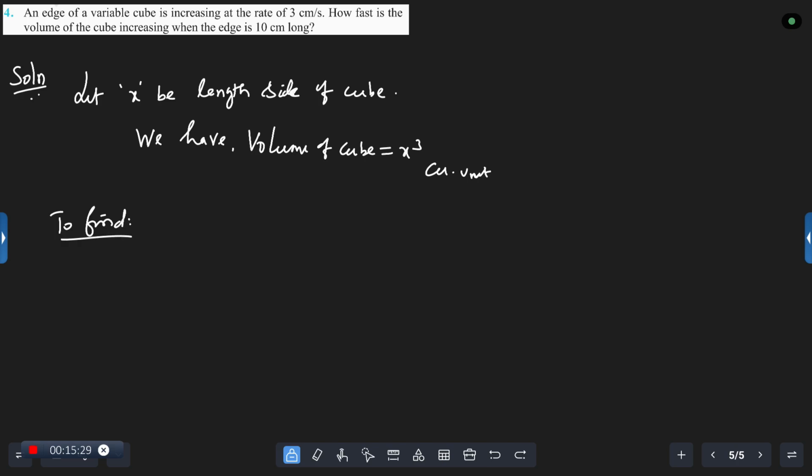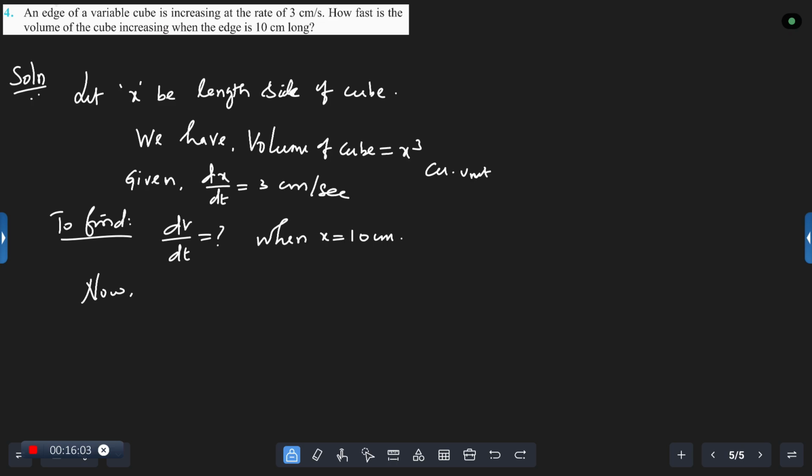what they are given, dv by dt. With respect to time, when x equal to 10 centimeter, correct? Yes, now and also given, we will write given. What is given, Kanna? The edge is changing, dx by dt equal to 3 centimeter per second, correct?